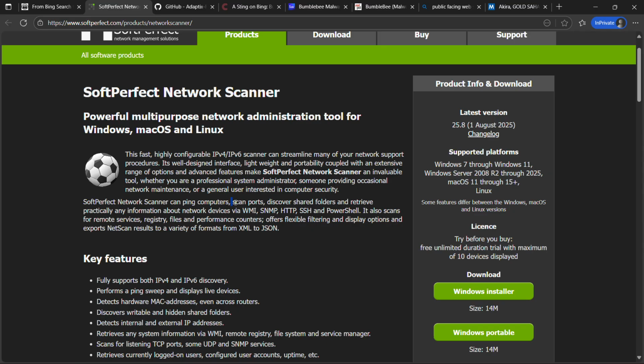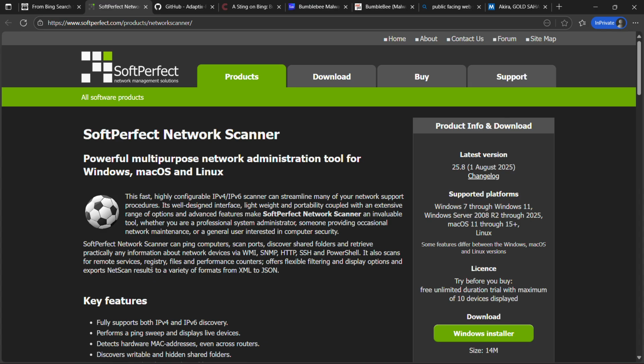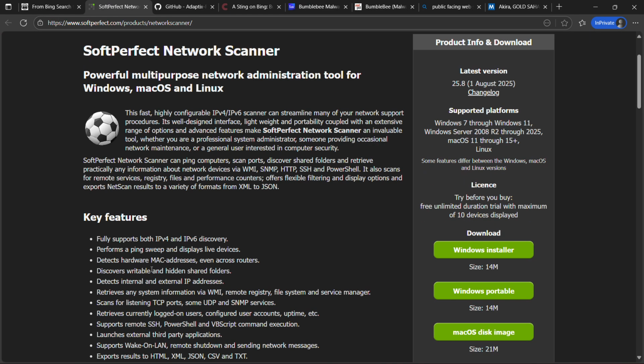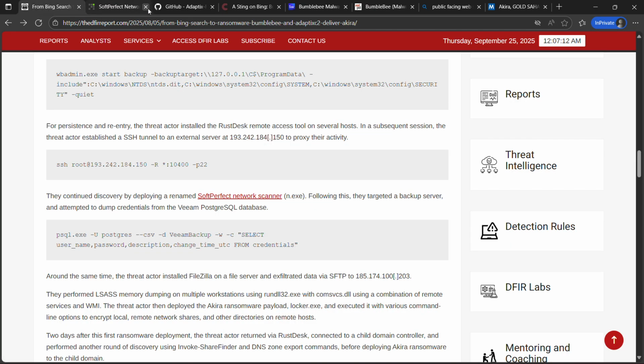Basically that's what this is for, to scan some open ports that they can exploit. Once again, it collects information about network devices via WMI, SNMP, and scans for remote services. This is actually a powerful tool.